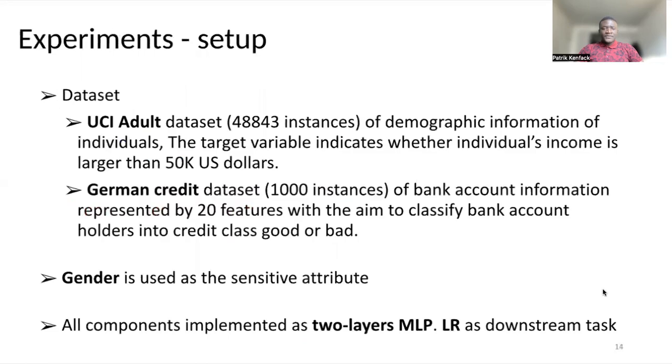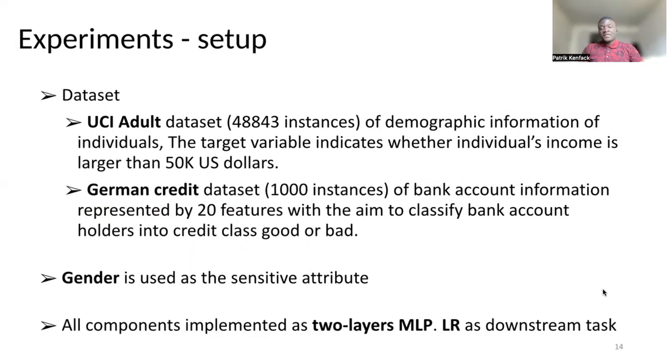Regarding the experiments and the results, we experiment on two datasets, the Adult dataset and the German Credit dataset. Those are benchmarks used in machine learning fairness. For the first dataset, the task is to predict whether an individual's income is greater than 50,000 US dollars per year.